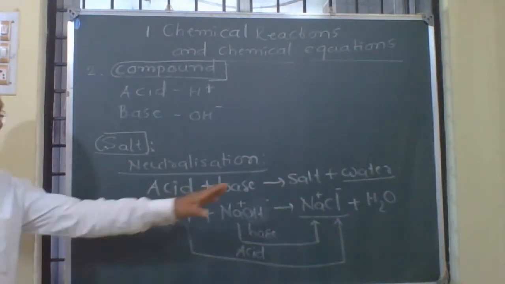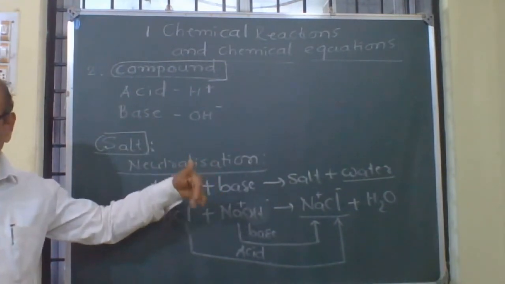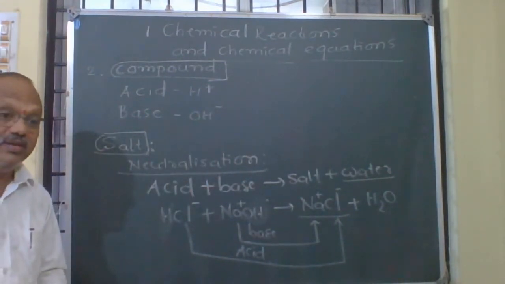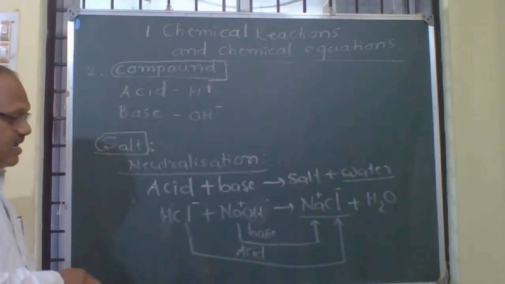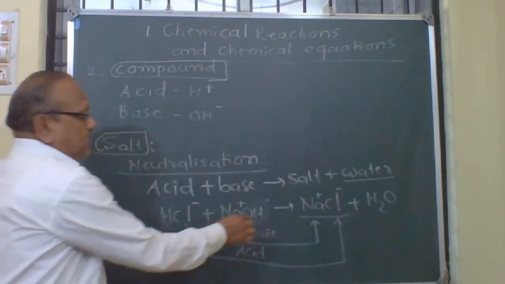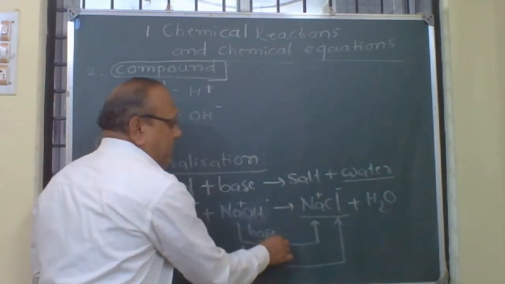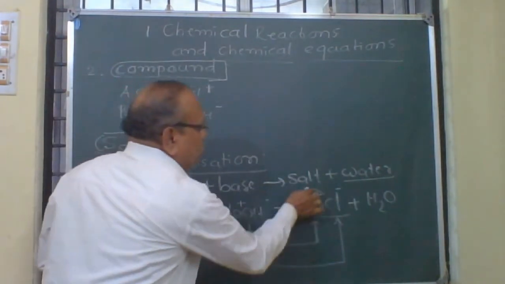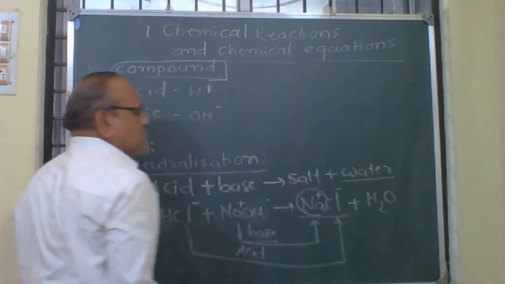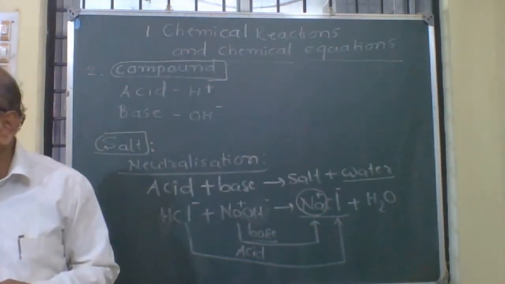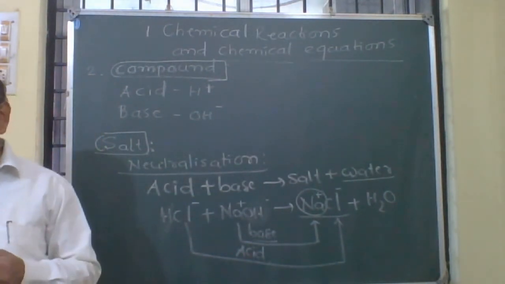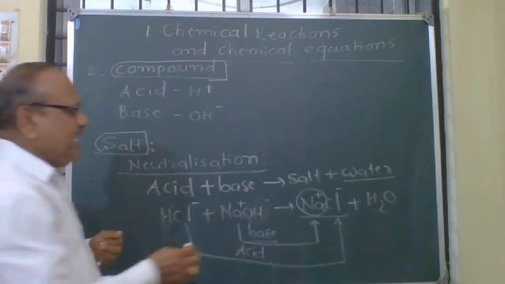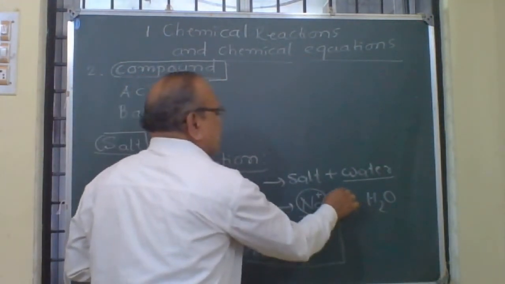Generally positive ions are written on the left, negative ions on the right. The salt will have two parts. The positive part of the salt is called the positive ion or positive radical, and the negative ion is called the negative radical.